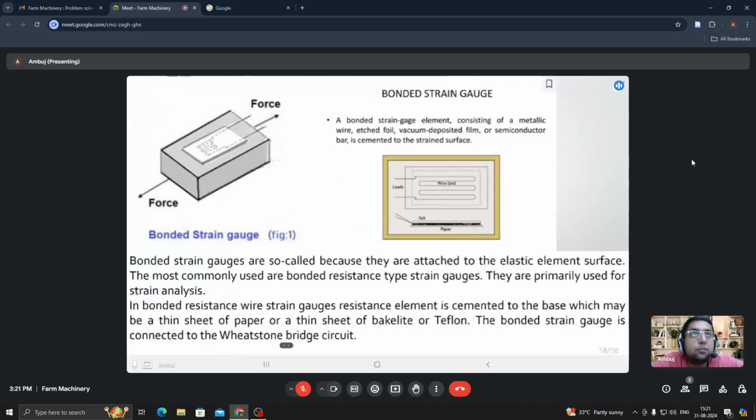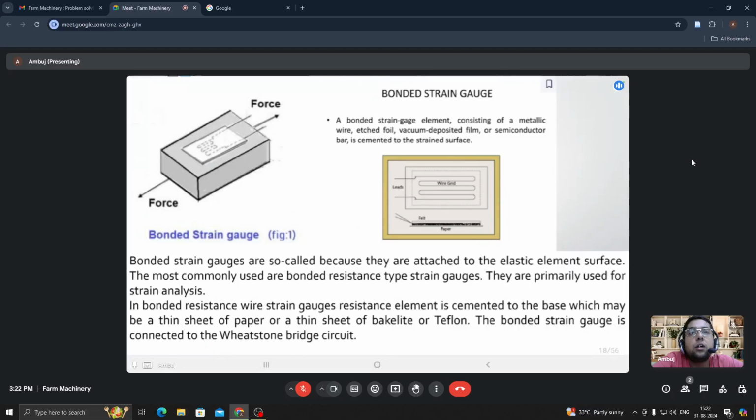Then another one was the bonded strain gauge. A bonded strain gauge element, consisting of metallic wire, etched foil, vacuum deposited film, or semiconductor bar, is cemented to the strained surface. You can see that a wire is there, and the strain is directly transmitted to the wire itself. They are called so because they are attached to the elastic element surface.